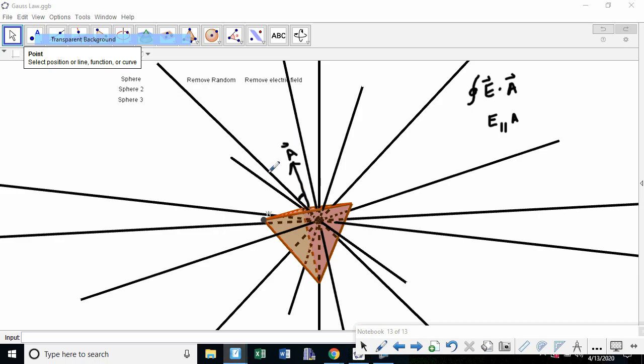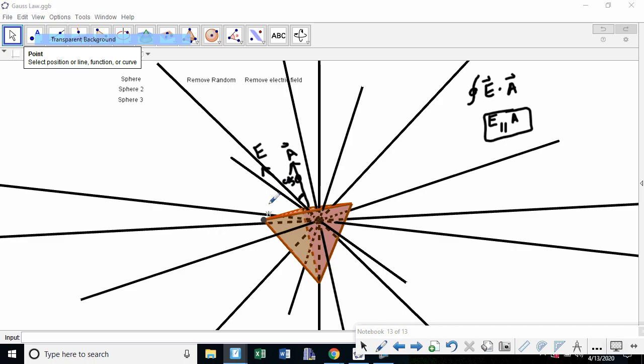So area vector, electric field line, they're not already parallel. So that means throughout this entire surface of this three-dimensional shape, when I do E dot A, when I try to only look at the parallel components, there's going to be a cosine of theta introduced at every one of these dot products.